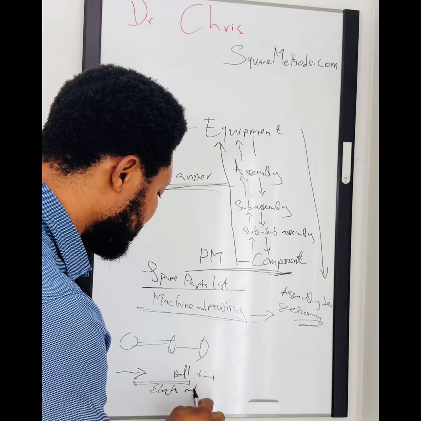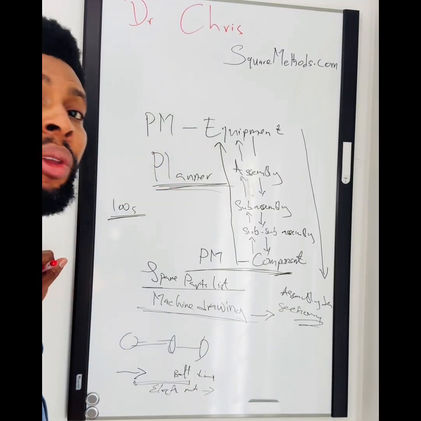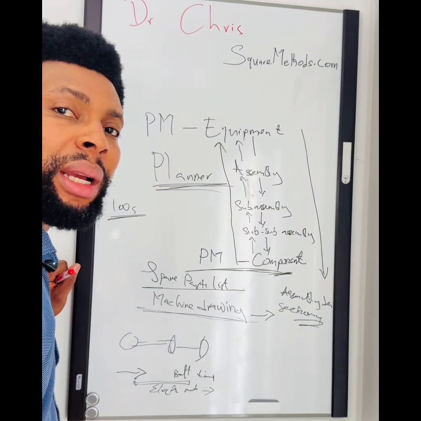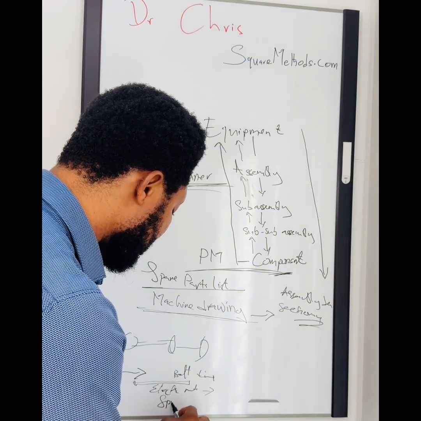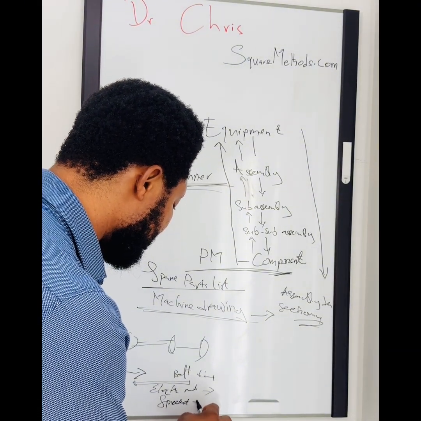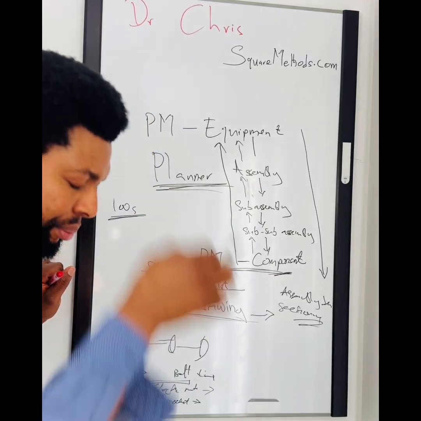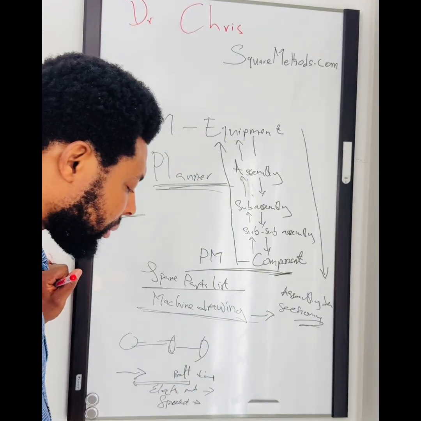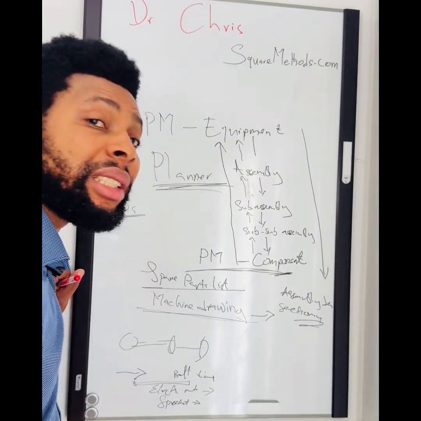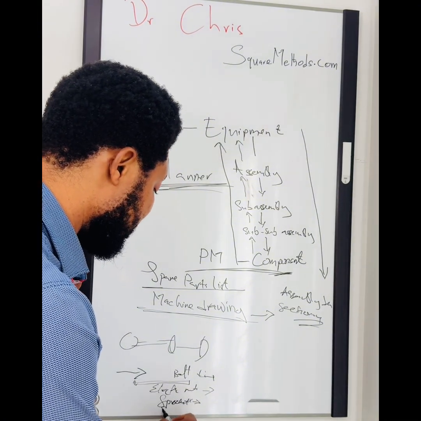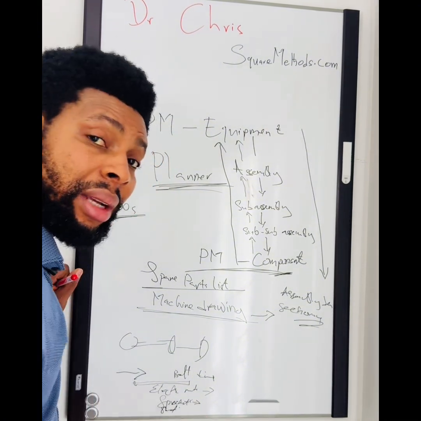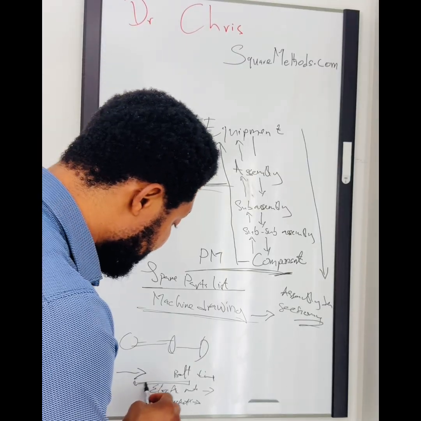The electric motor is a component. For the electric motor to drive the belt, you need to have a sprocket. Then the sprocket is a component. For the sprocket to balance, you're supposed to have a shaft. So you're going to have two sprockets and a shaft. You get it? That is just for this belt to work.